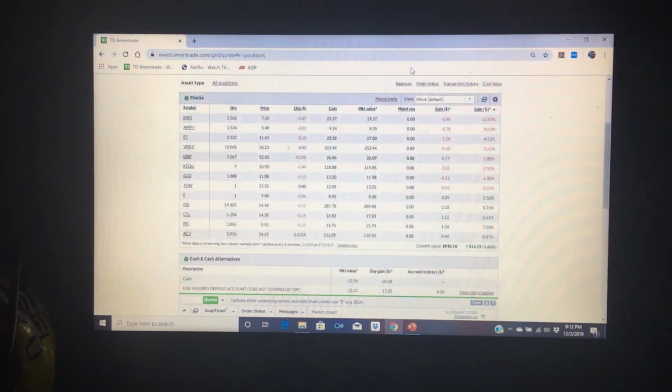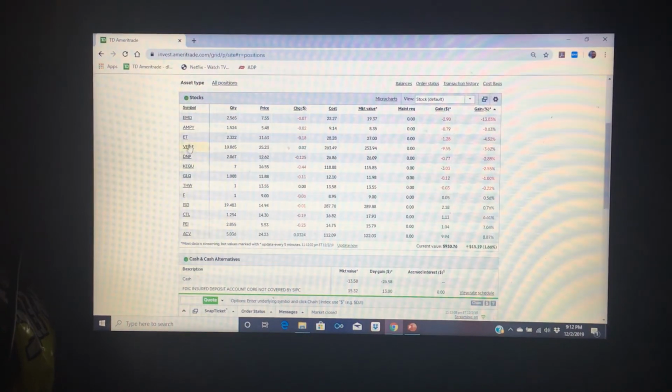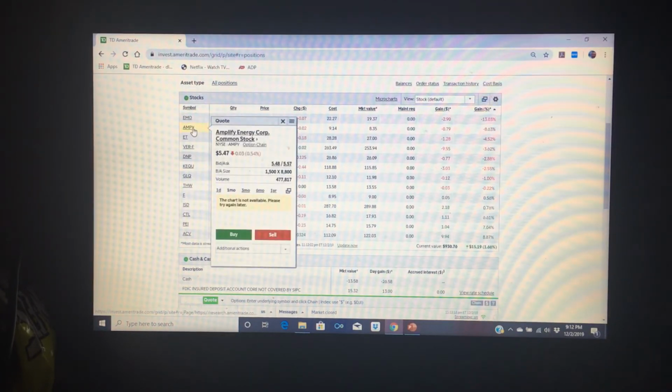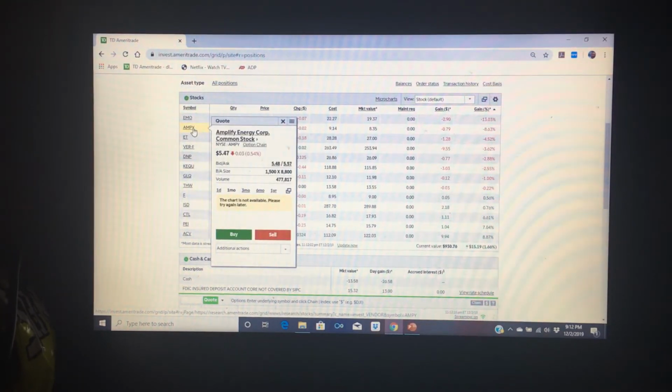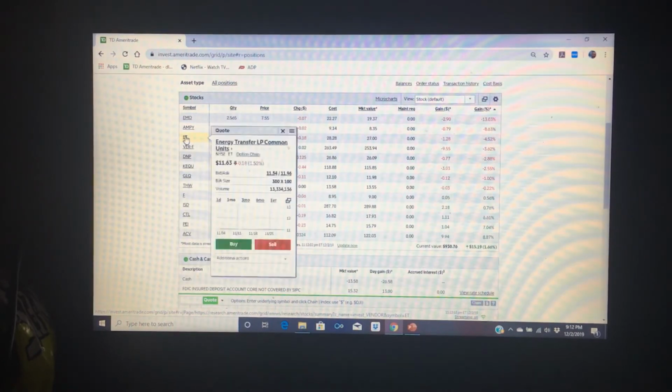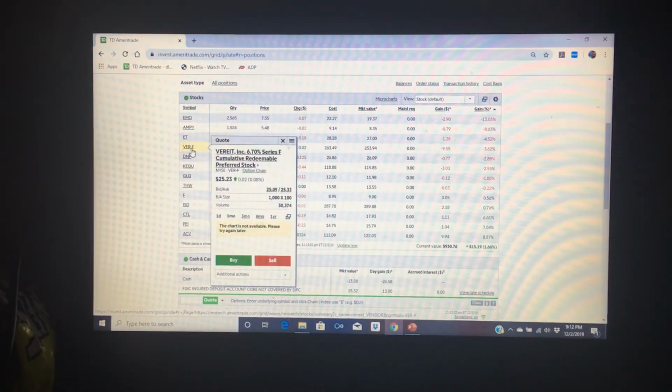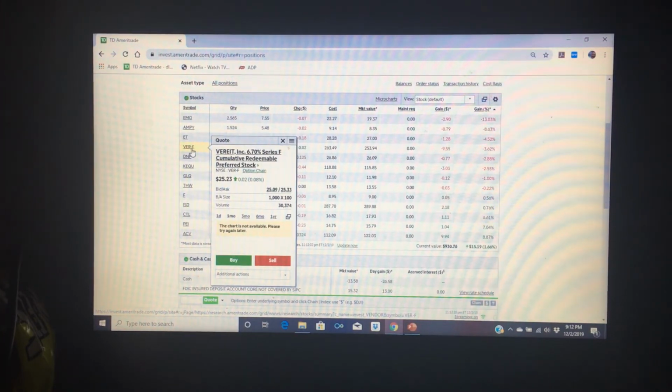You can see right here, I own EMO, Clearbridge Energy Midstream, AMPY, Amplified Energy Corporation, Energy Transfer, Common Units, VER, it's a real estate investment trust. I own the F version of the stock, which is a preferred stock. You don't have any voting rights.